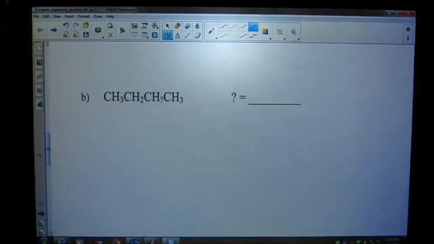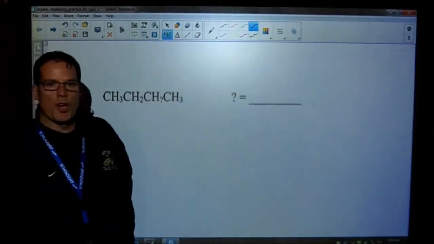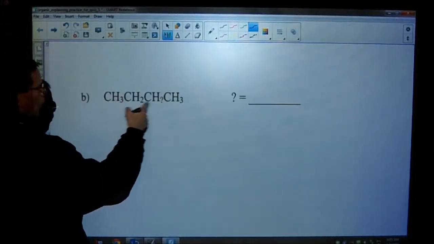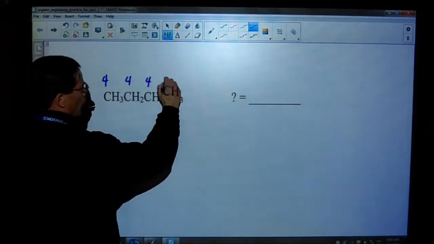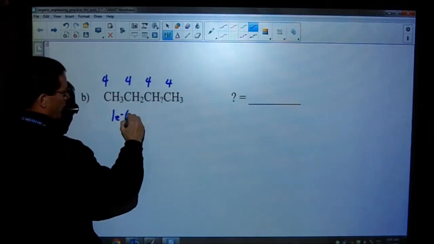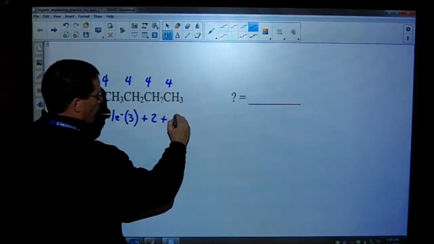All right, looking at this compound, this one's kind of unique because this actually gets you ready for your chains. So when we're looking at the chain here, we have 4 electrons from this carbon, 4 electrons from that one, 4 and 4. From the hydrogen, we have 1 electron, but we have 3 of those, plus 2 of those, plus 3 more.